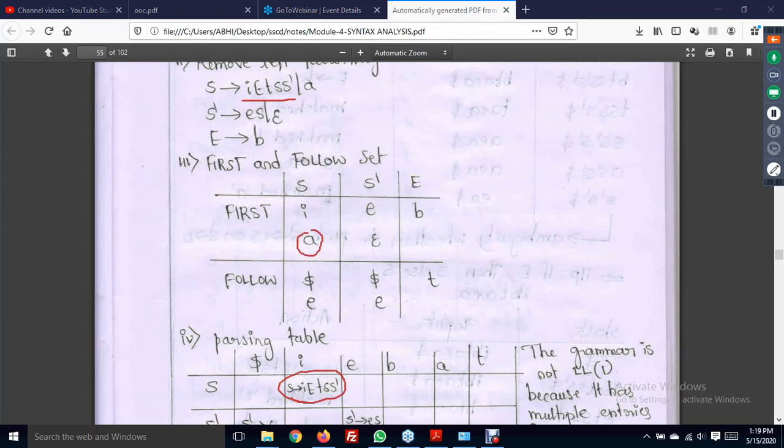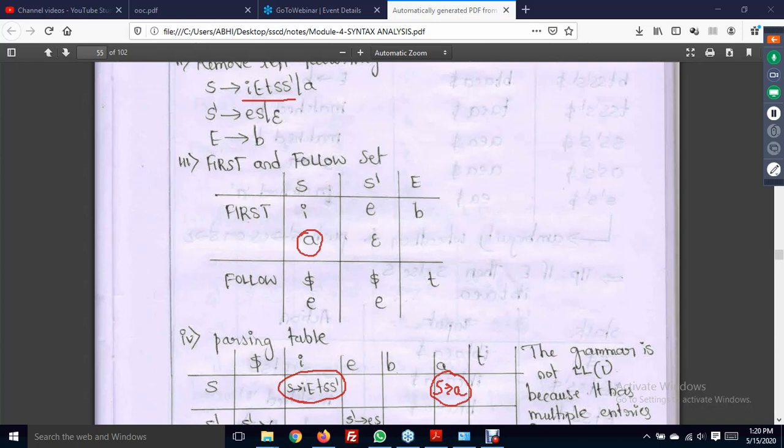In the place of a, I have one more production, which is S tending to a. This is the production which I need to put over here. S tending to a is the production which is missing.